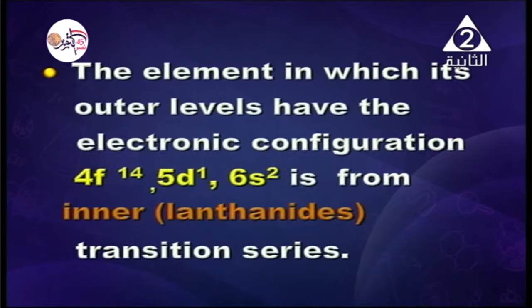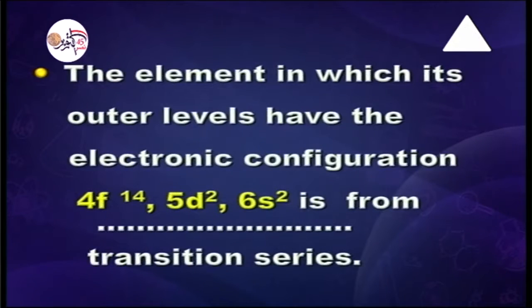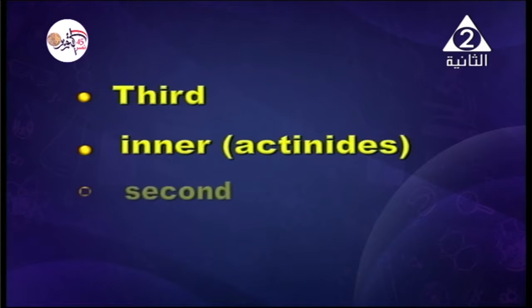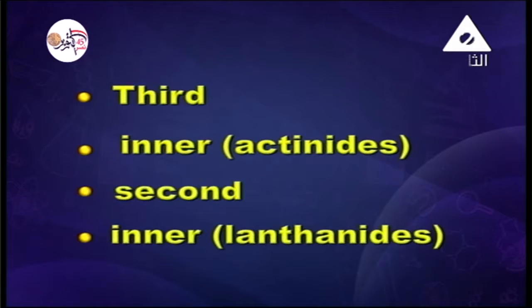Next point, the element in which its outer level has the electronic configuration 4f14, 5d2, 6s2 is from what type of transition series? Is it third, inner actinide, second, inner lanthanide?